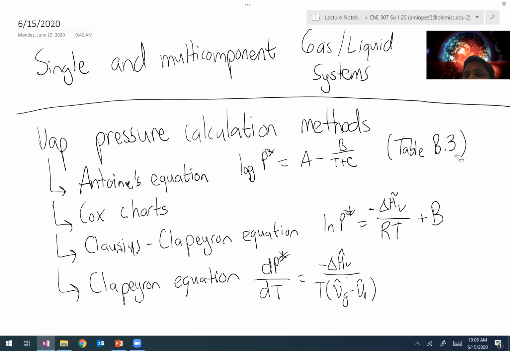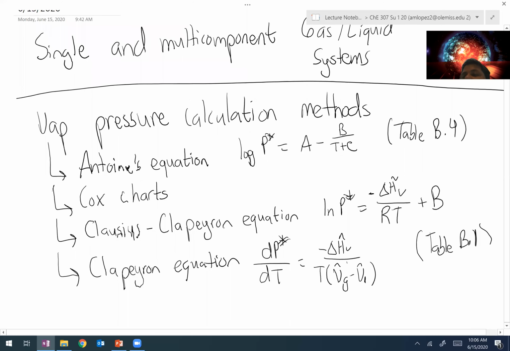Let me correct that. The physical properties for the components, including the enthalpy of vaporization, are in table B.1. Very good job, guys.